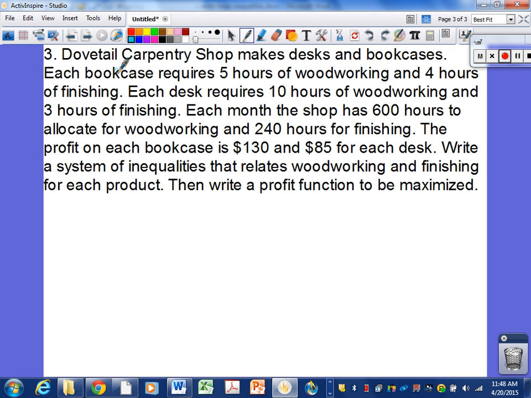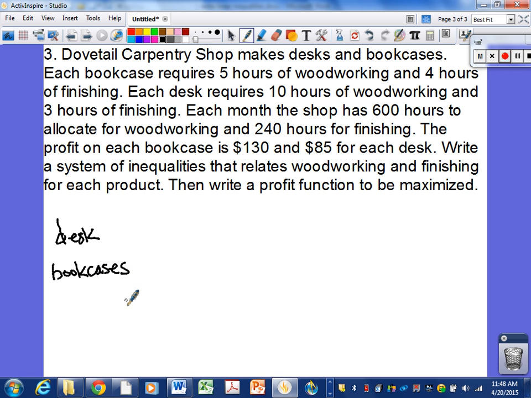These are your constraint equations, a relationship, and then a maximizing one. Okay, so let's take a look at number 2 here. Okay, like I said, really wordy. Life does not give you any equations. They're all word problems. Let's see. Desks and bookcases. So those are your 2 variables. Let's write those down. We're making desks and we're making bookcases.